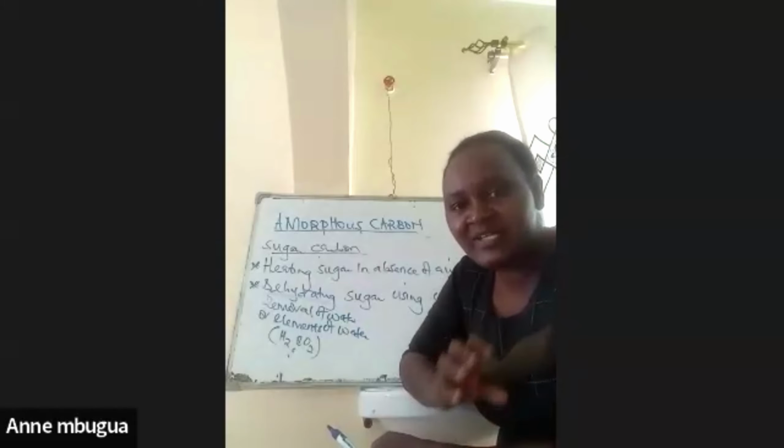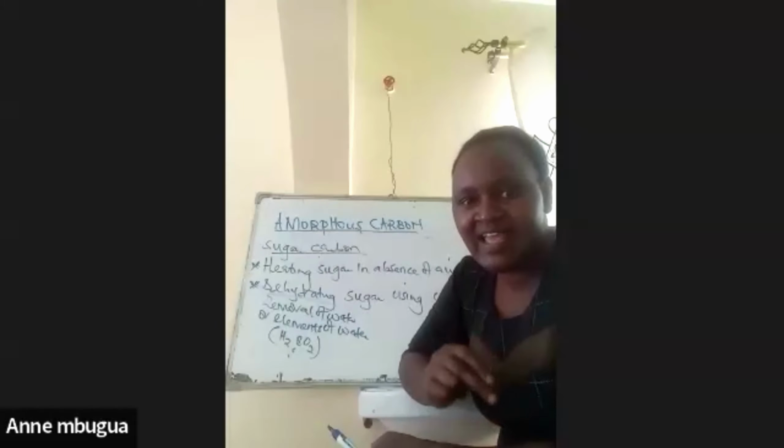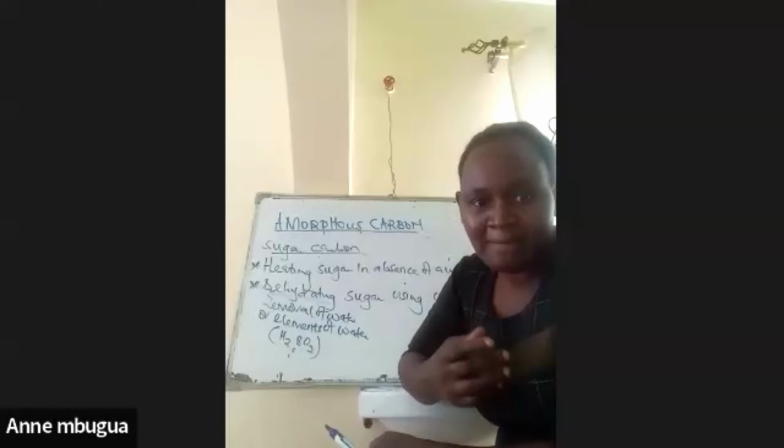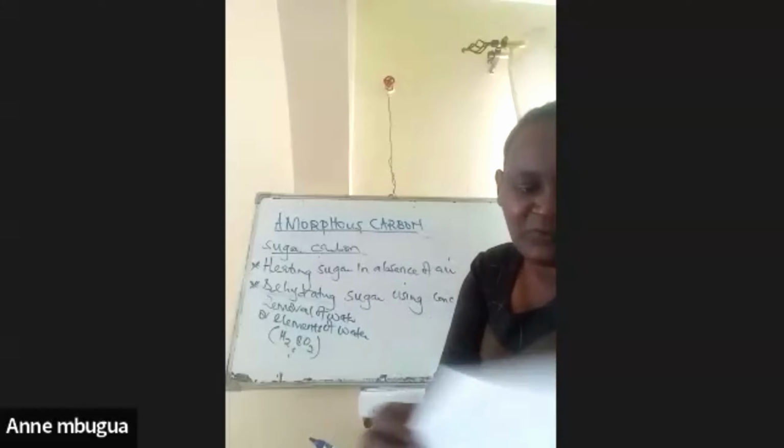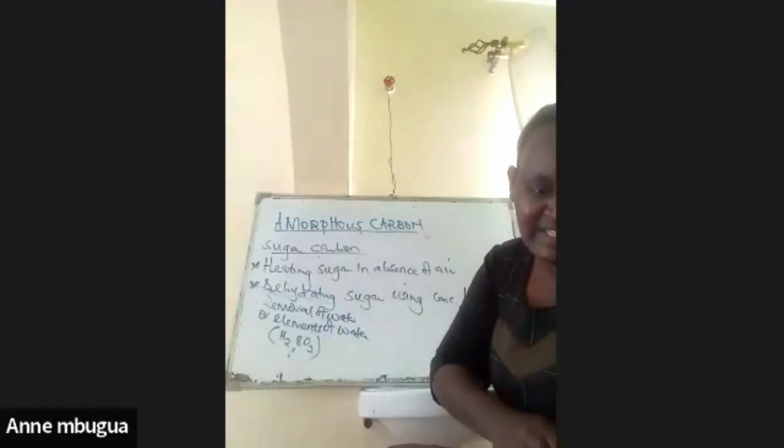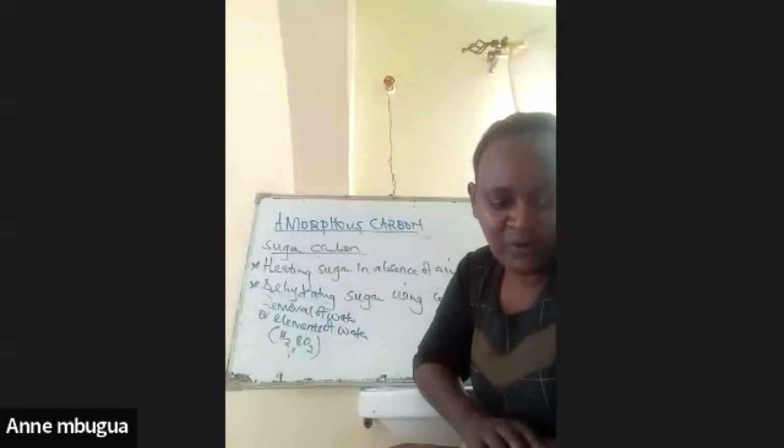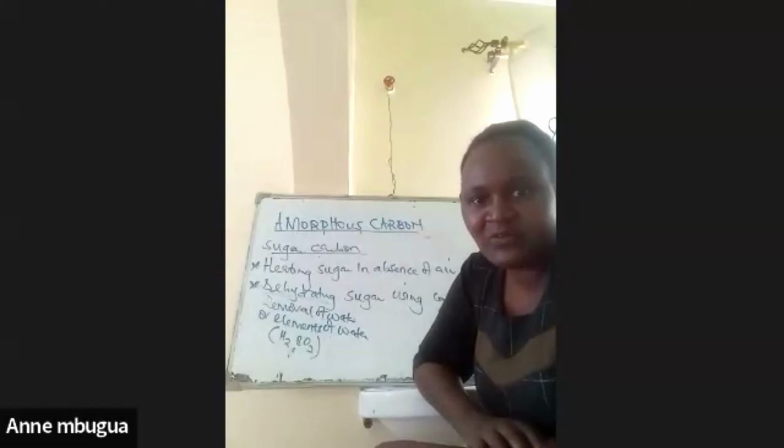And once you alter them by subjecting to heat, you get the fullerenes or the buckyballs. So you are very correct. You can also report fullerene as an allotrope of carbon.